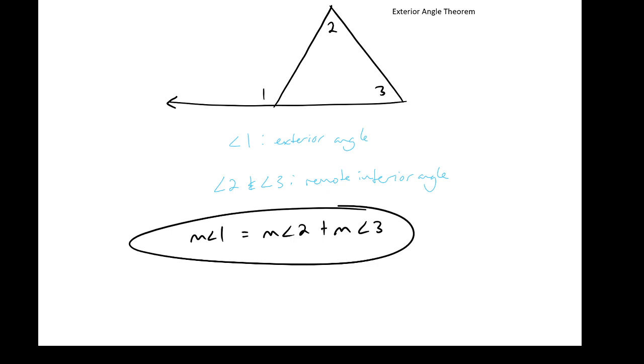The way we justify this, and the way I'll explain the proof for this, is that right here we have two angles that are supplementary, therefore have a sum of 180, because they are a linear pair. Now, we have this angle, which is unknown, plus 2 plus 3, which we just proved the sum of those three angles is 180.